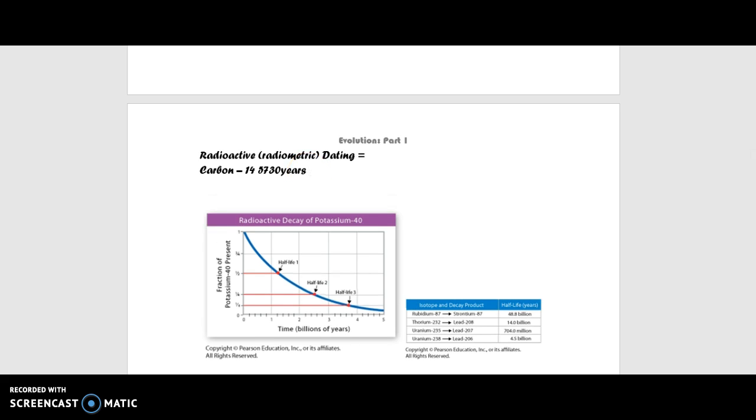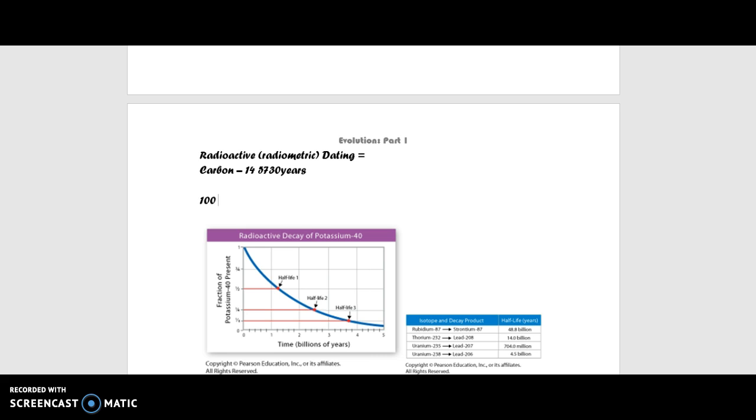If you have a sample of 100 grams of C14, after one half-life, that means 5,730 years has passed, you should have 50 grams still remaining of carbon-14. The other 50 grams that was lost is now the stable form, which was actually a form of nitrogen. So it doesn't just necessarily transition from the radioactive form to the non-radioactive form of the same element.